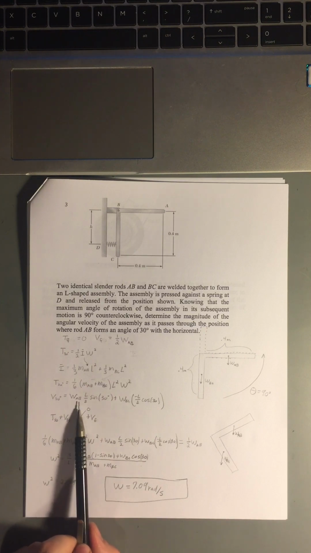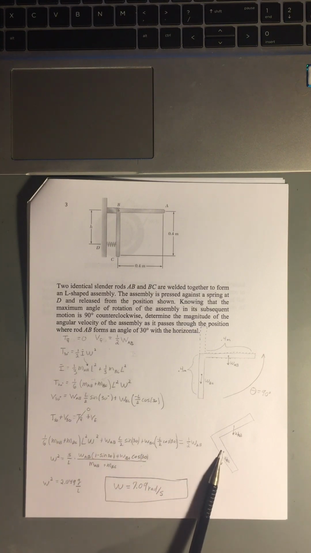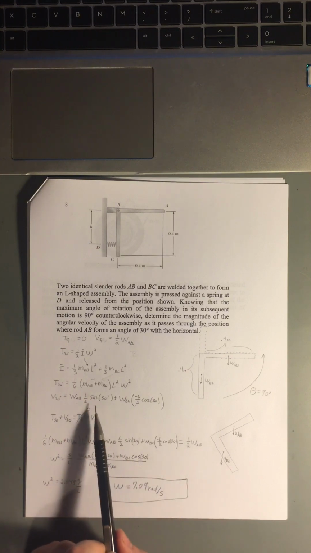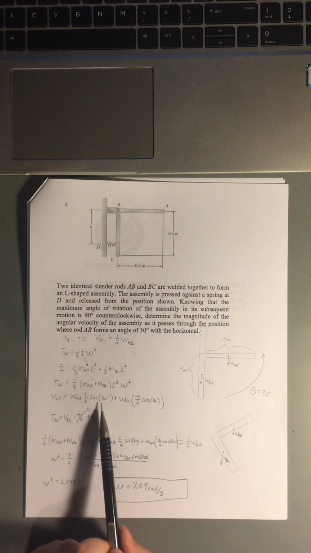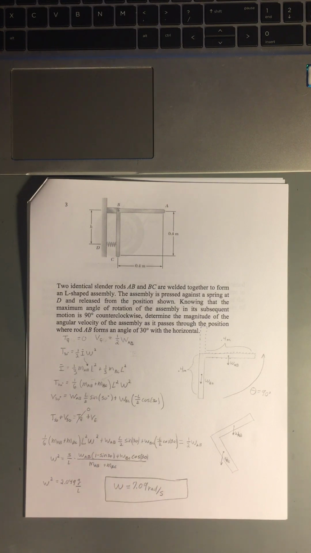And so we have the weight of the first rod multiplied by L/2, which is the center point of the rod, times the angle that this makes. And so then for rod AB, it will be sine of 30, and for rod BC, it will be the cosine of 30. And so that would be our potential energy term at the 30-degree angle.